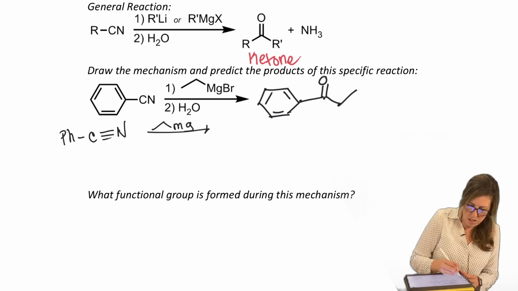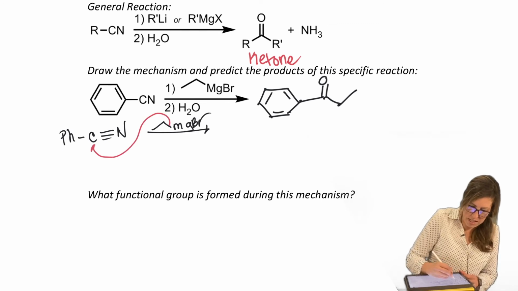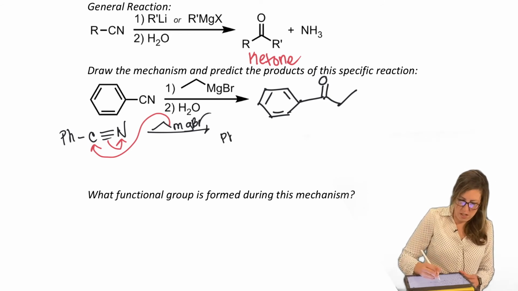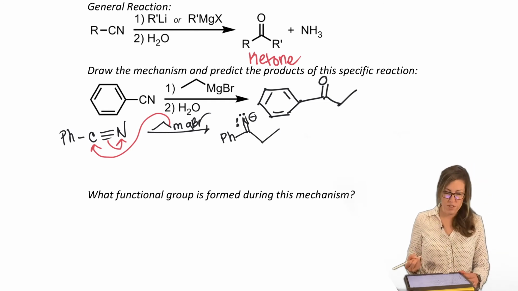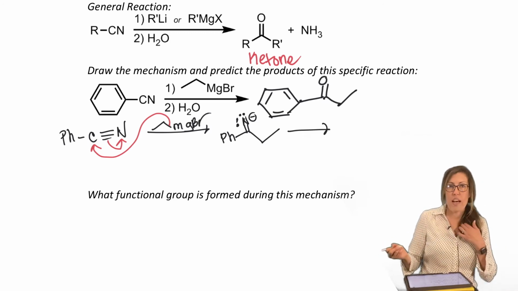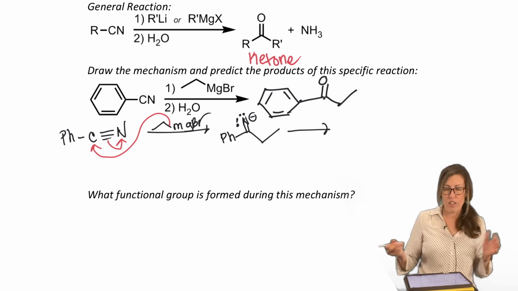Remember when we draw the mechanism with the Grignard reagent, this bond, attack, open. Now we are going to have that negative charge on nitrogen. New R group. Ethyl's on there now. That's the job we needed to have done. We add that R group.